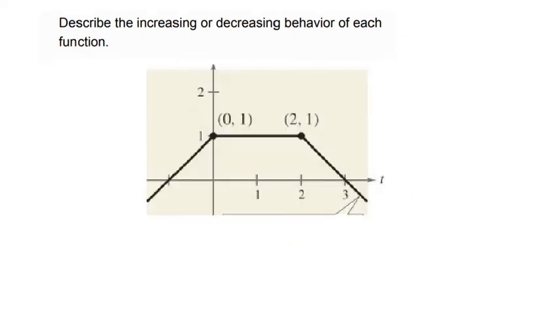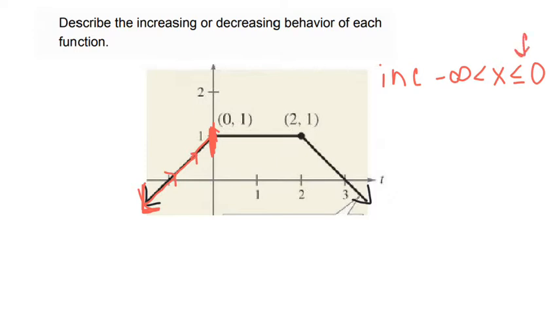Describe the increasing or decreasing behavior of the function. Again, from left to right, starting at the very left of the graph, we're moving up till we get to 0. Because of this arrow, we are increasing from -infinity till 0. Since 0 is on the graph, we're going to use the less than or equal to symbol. There's no open circle there or arrow there.